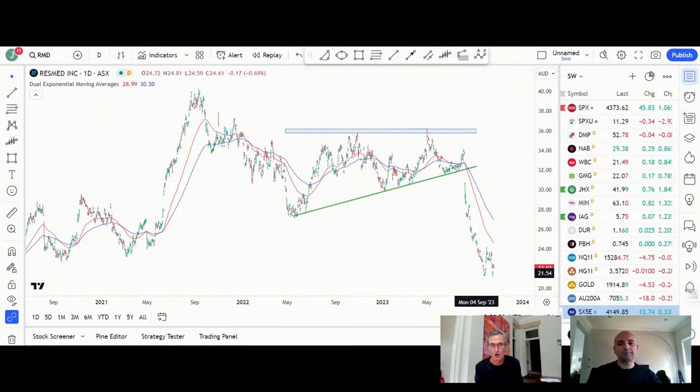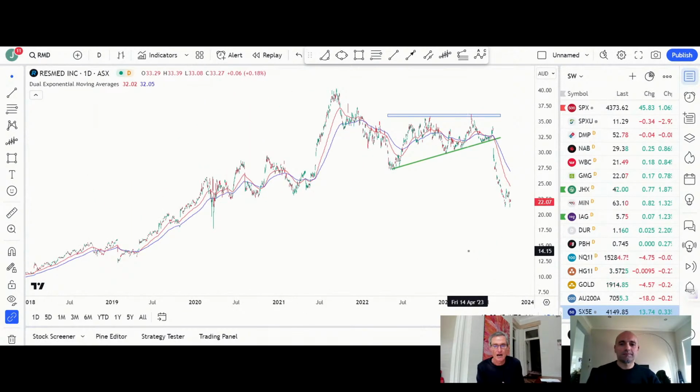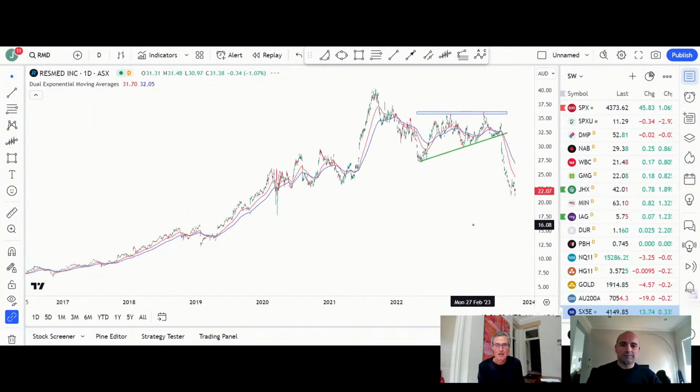This is not a stock that I want to consider buying at this stage. It's not a stock I'd have in my portfolio either, because if I did have it, I think my exit point would have been somewhat higher as it was breaking below some of these previous lows. So I probably wouldn't have it at this point.